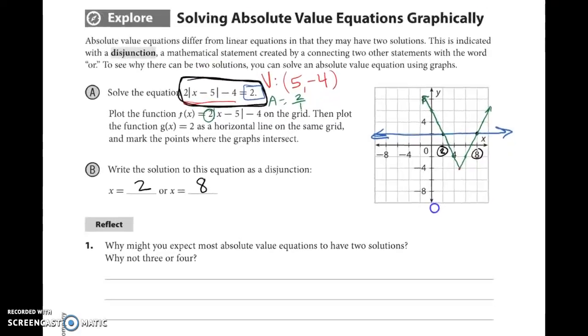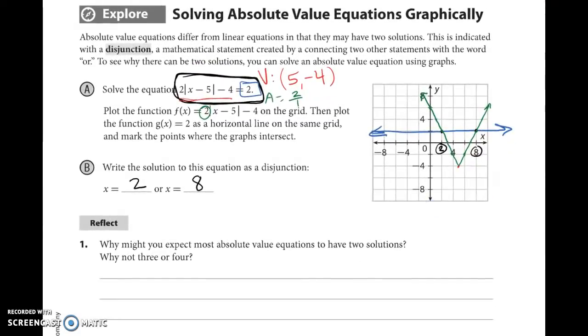Now, if we look at our reflect, it says, why might you expect most absolute value equations to have two solutions? Why not 3 or 4? So let's answer this first part here. Now that we know the graph of an absolute value is a V, there's really no value here where it's going to cross this V graph 3 or 4 times.